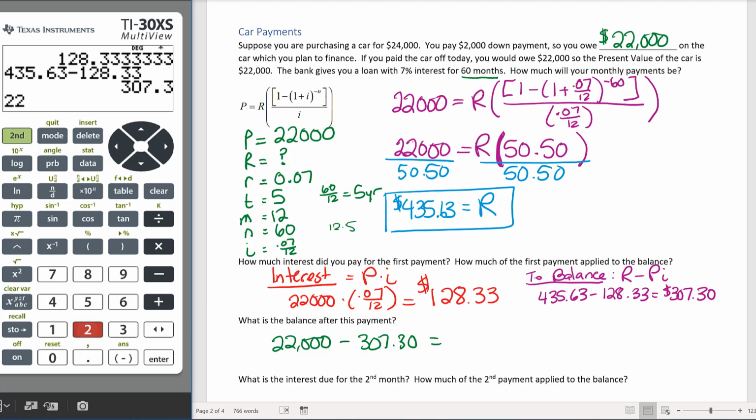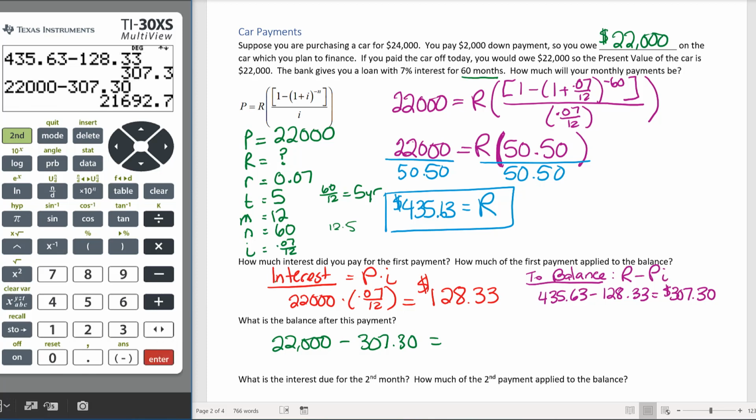If I take the $22,000 and I subtract off what went towards the balance, on my next month statement, it's going to say you owe $21,692.70. Okay? Now you're going to pay your $435 every single month. The payment stays the same every single month. But what part goes to the interest and what part goes to the balance actually ends up changing.